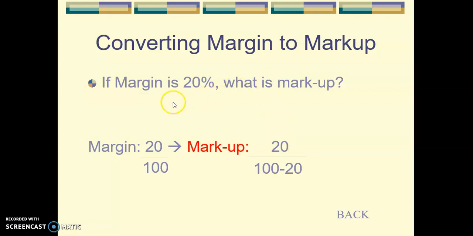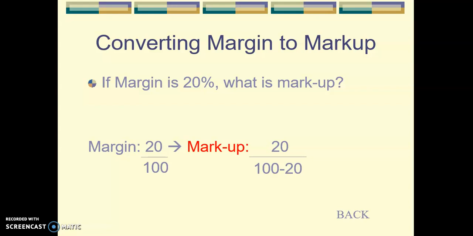On the other hand, if your margin now is 20%, what is your markup? Because you have to learn to convert from one to the other. If your margin is 20%, then what is your markup?